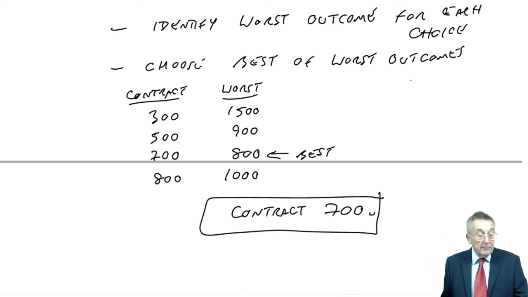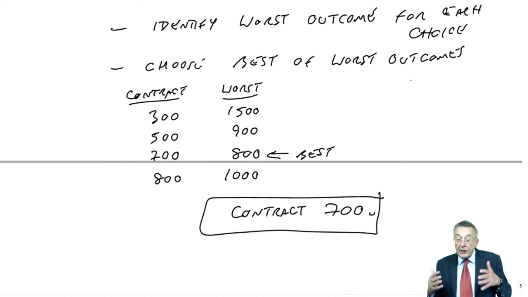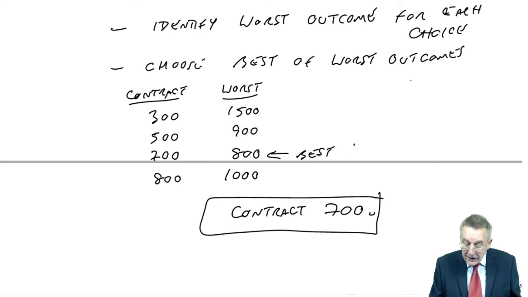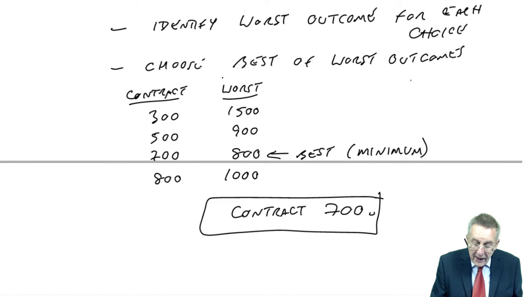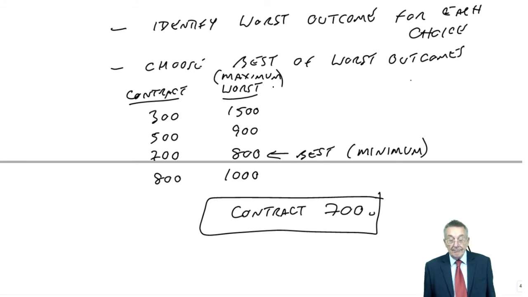And I said before, obviously learn the names, don't get them muddled. But I think you can see why it's called minimax regret, because we've done the regret table. We're making the decision based on the regrets. So the best of the worst, the best was the minimum of the maximum regrets. Minimax.